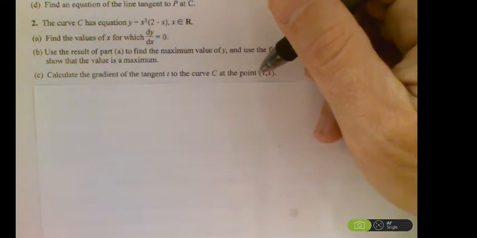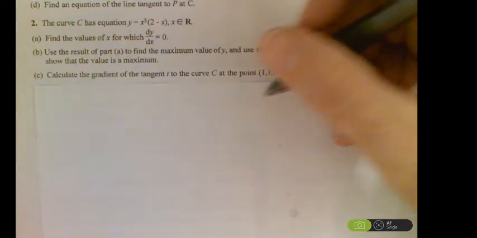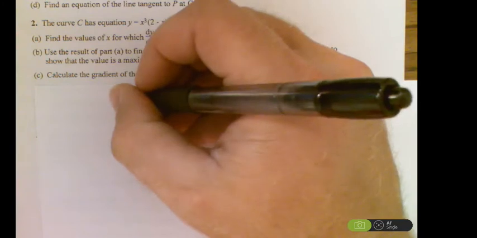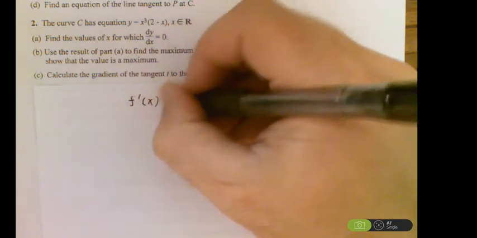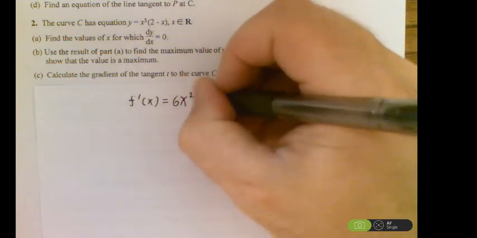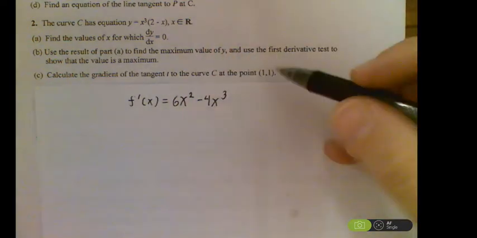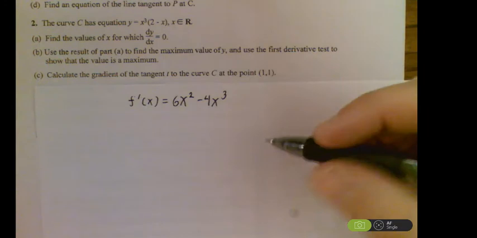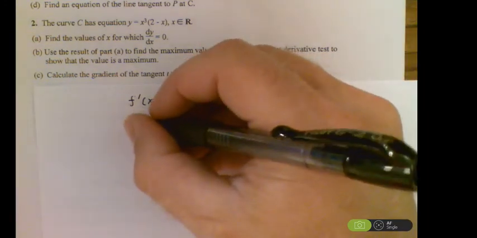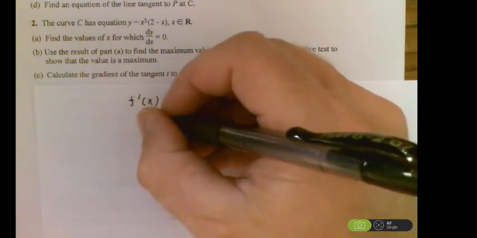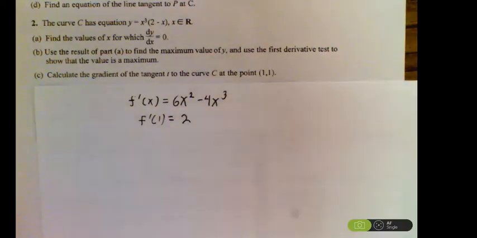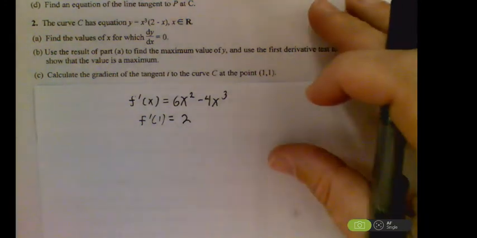So if we take the derivative that we found earlier, which was 6x squared minus 4x to the third, so by plugging a 1 into the derivative, we can come out with the gradient at that point. So if I plug in a 1, it's just going to be 6 minus 4, which is 2. So that's our gradient where x is 1.